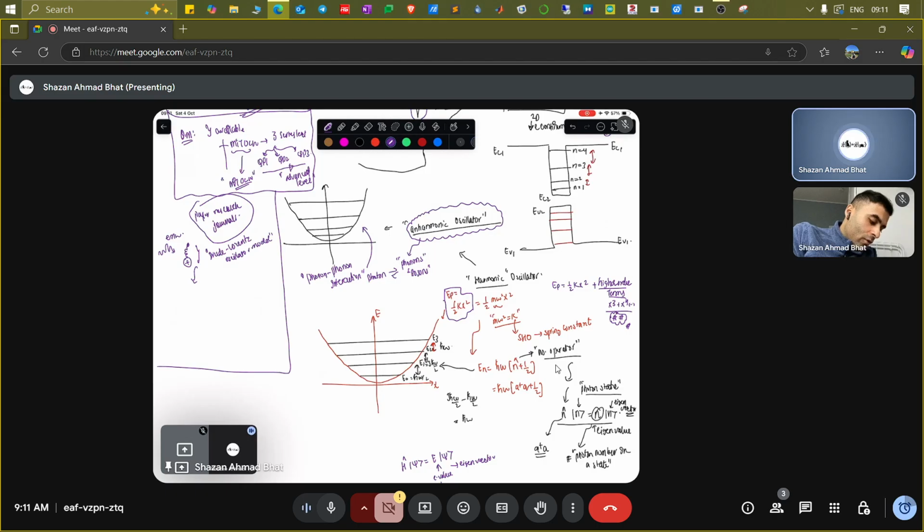And you remember we wrote an equation like m d²x/dt² plus some gamma times dx/dt plus bx is equivalent to some, let's say, source term.